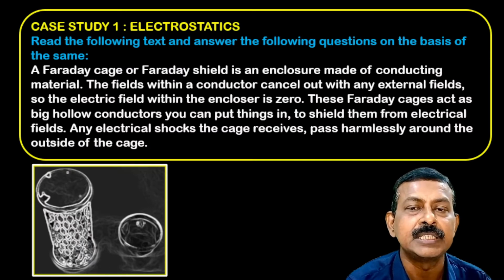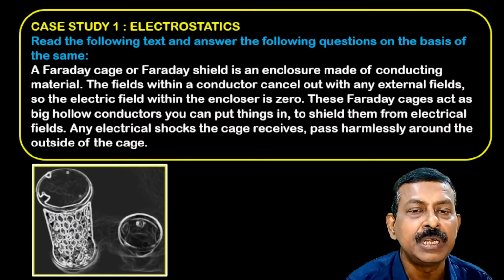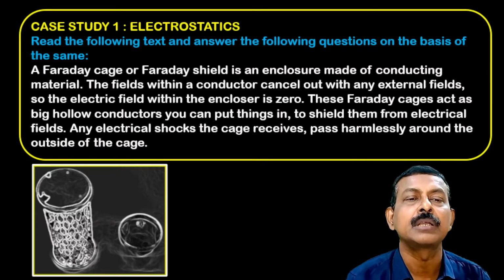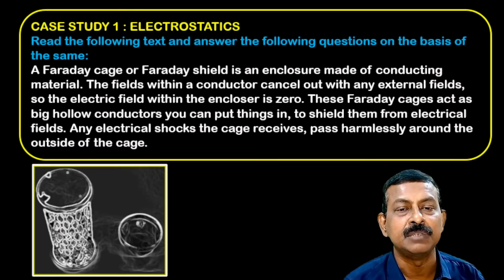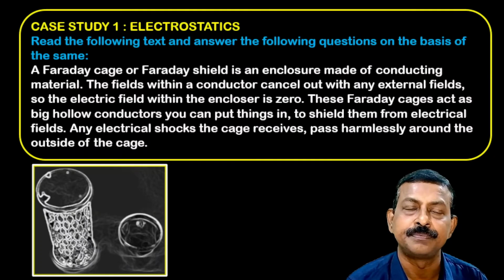These Faraday cages act as a big hollow conductor. You can put things in to shield them from electrical field. Any electrical shock the cage receives passes harmlessly through the outside of the cage.